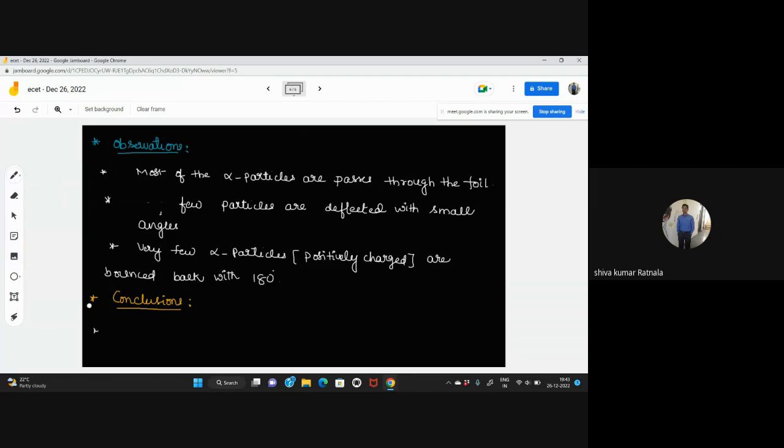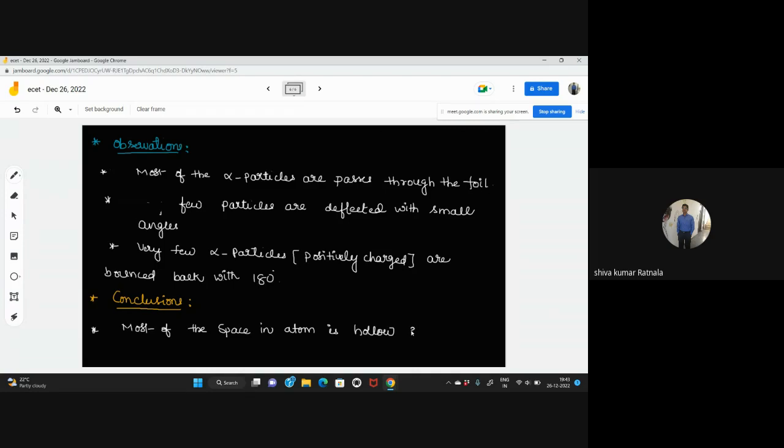As most of the alpha particles pass through the foil, he concluded that most of the space in an atom is hollow.